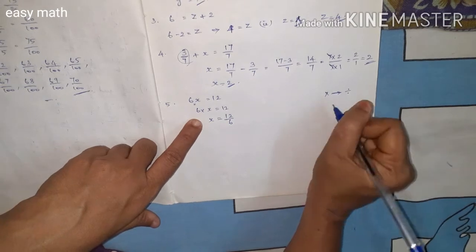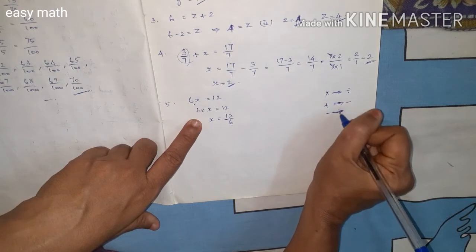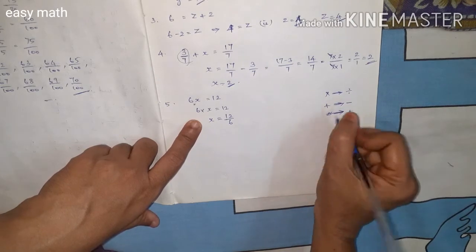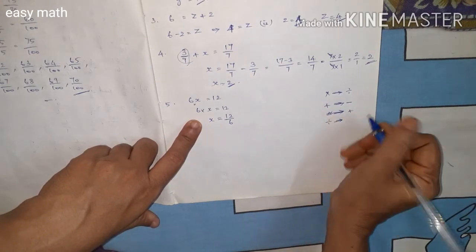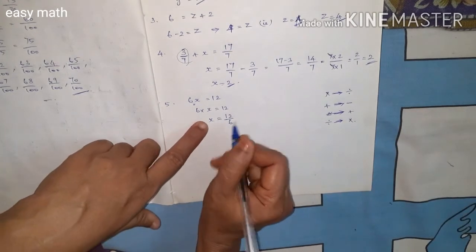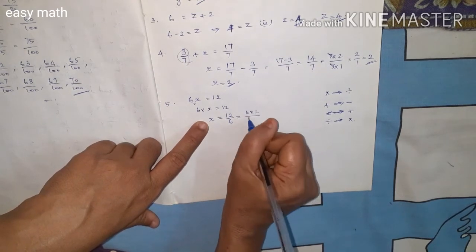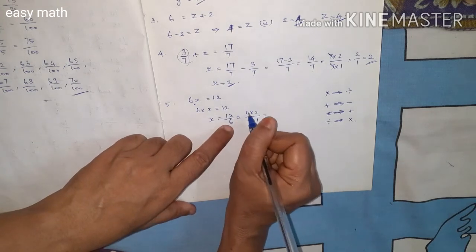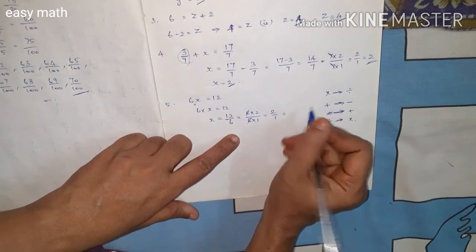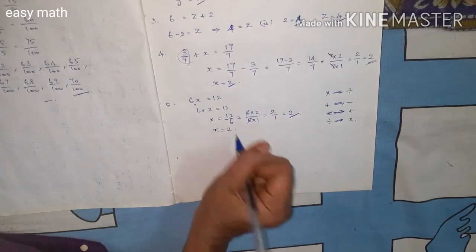Plus becomes minus. Minus becomes plus. Divide becomes multiply. So here 6 into 2, 6 into 1. Then we cancel this 6, 2 by 1. Now we get the true answer. That is x equal to 2.